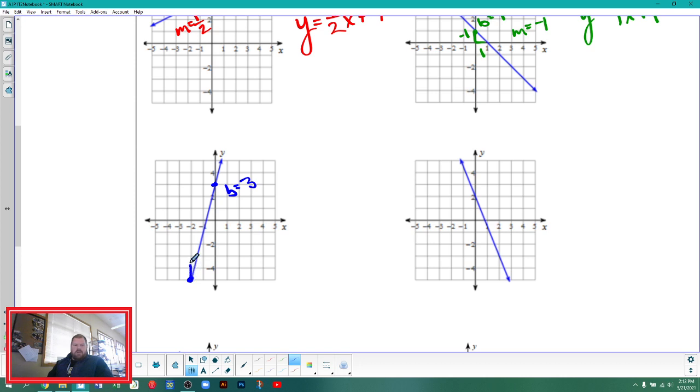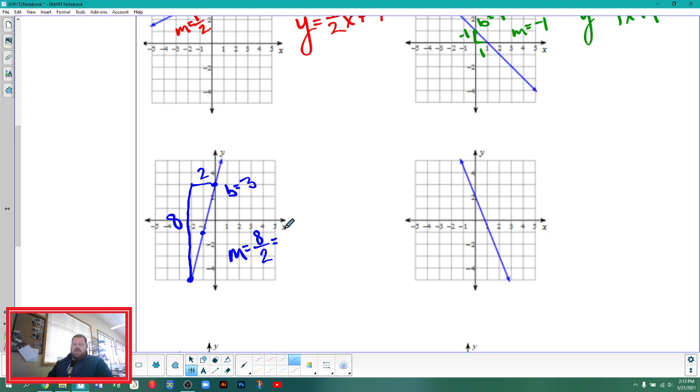So for this one, the slope looks like it goes up 7, 8, and over 2. Oh, I did miss one. There's another one right here. This one would work just as well. But this lays out a good point that I see it going up 8 and over 2.